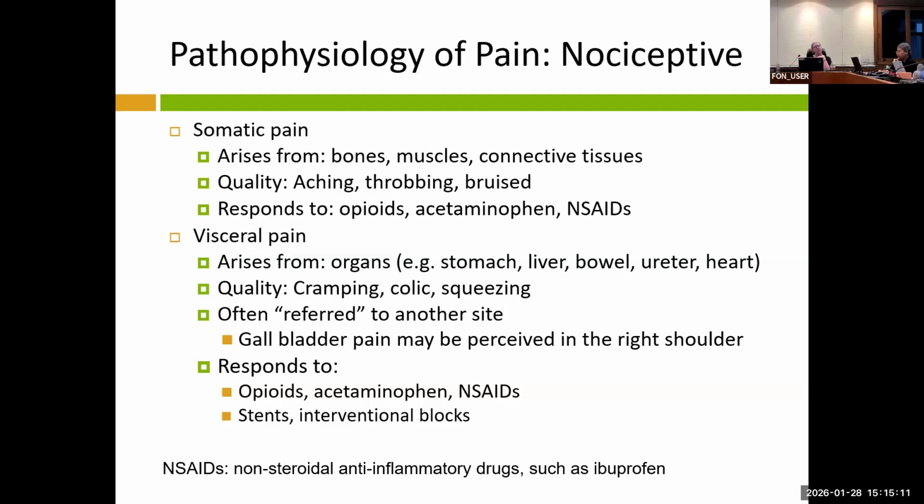For visceral pain we also do interventional blocks, okay, where we do a spinal block or a stent. So those are some ways to manage the visceral pain for cancer.